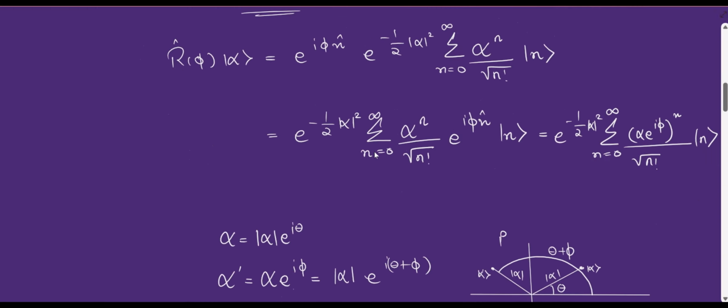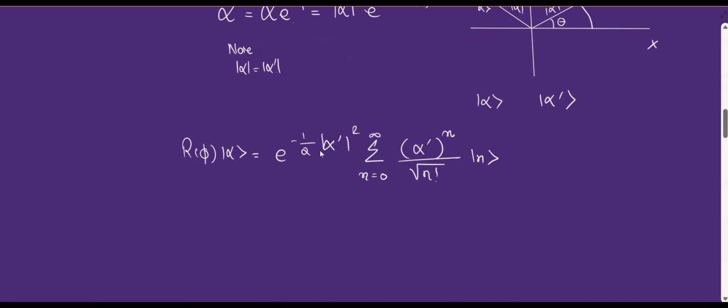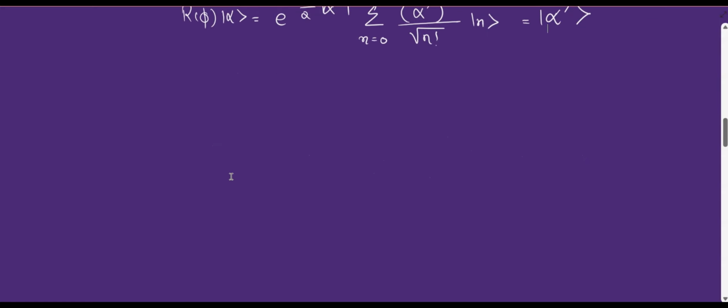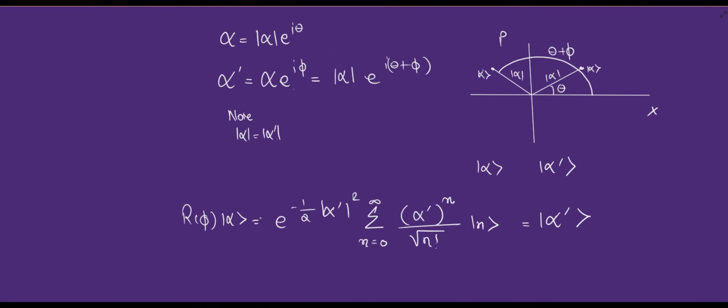What we did, we wrote this alpha e raised to i phi here as alpha prime. So now this state is nothing but ket alpha prime. So we see that when R phi acts on alpha, it gives us alpha prime. And this alpha prime is some state which is rotated about the origin.